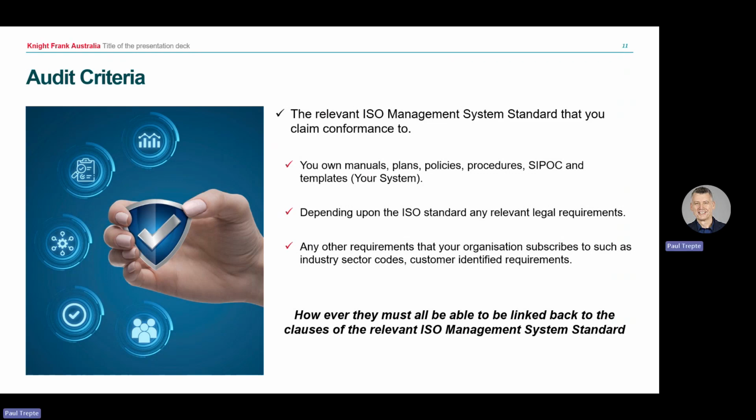And the expectation there is that, and this is why auditors for those areas need technical expertise in the subject area, because they need to know the legal requirements that would apply to a given situation. And lastly, any other requirements that your organisation subscribes to can be audit criteria, such as industry sector codes and customer identified requirements, such as contractual requirements.